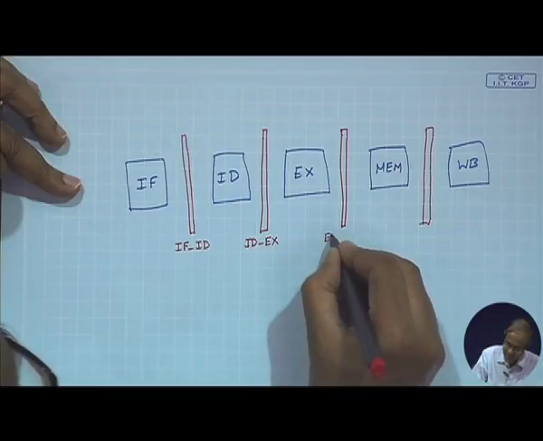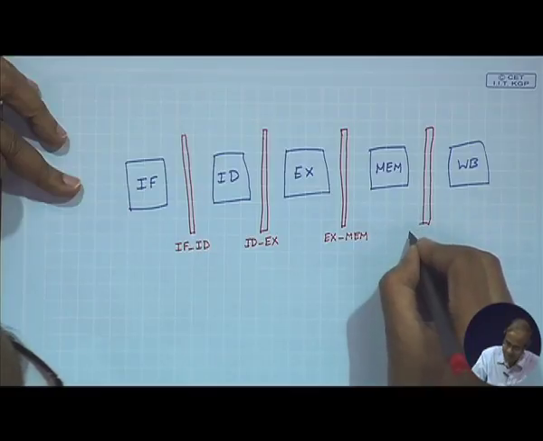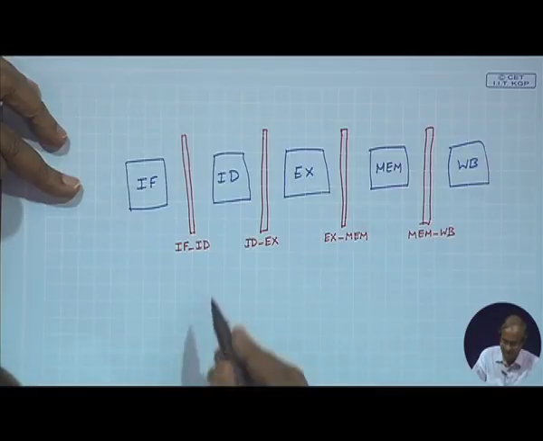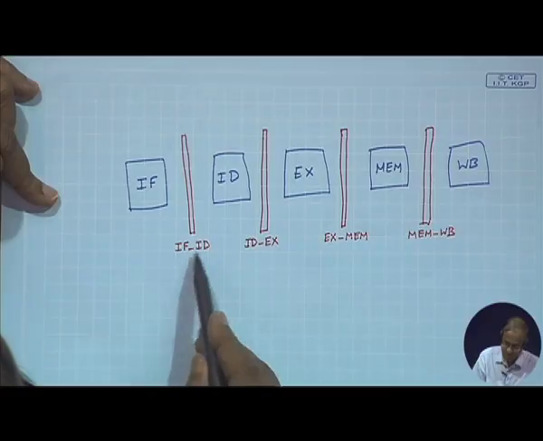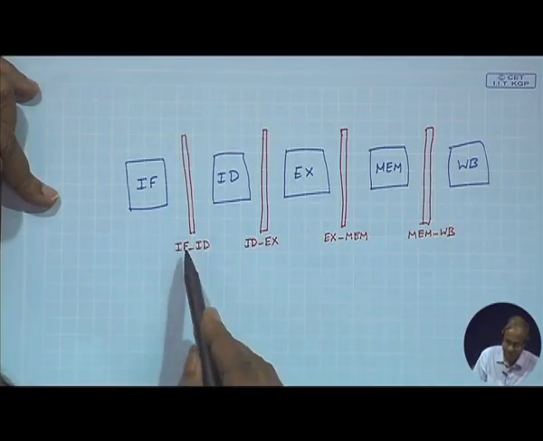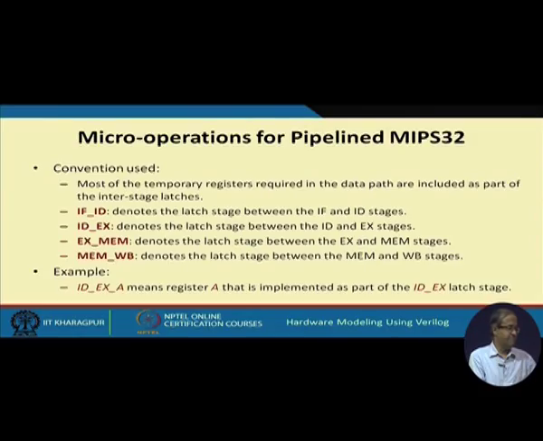We call this EX underscore mem, and we call this mem underscore WB. So, this is the convention we will be following. The latch stage we will be representing using this underscore notation, between which pair of stages this latch stage is. Okay. Fine. So, this is the convention that I have just talked about: IF_ID, ID_EX, EX_mem, and mem_WB.